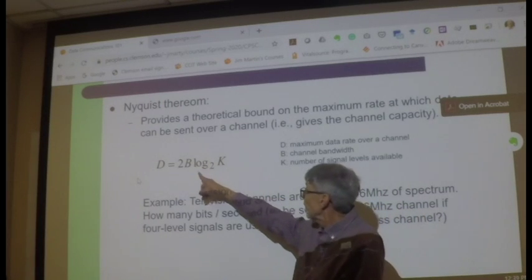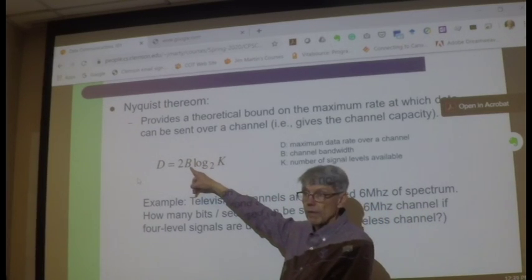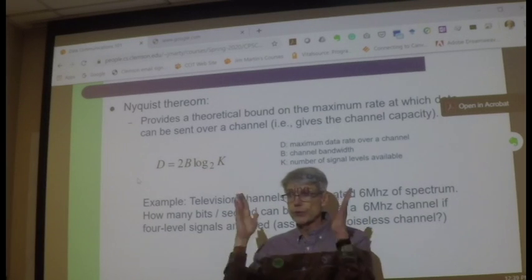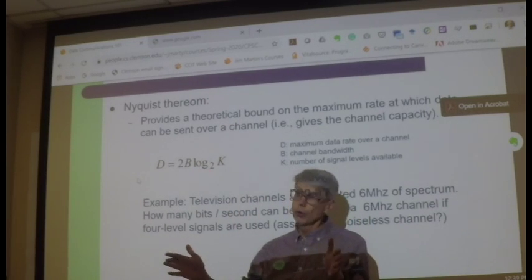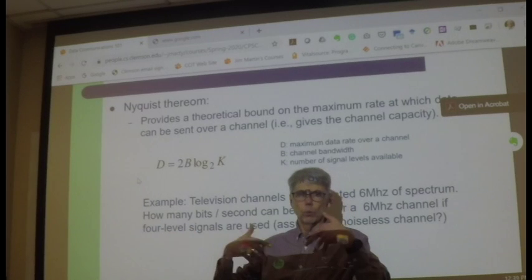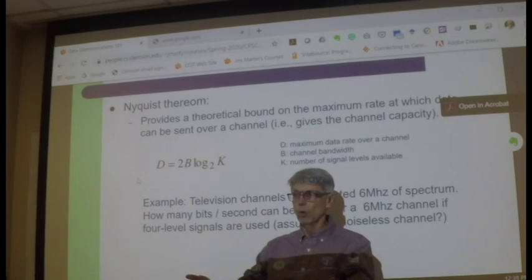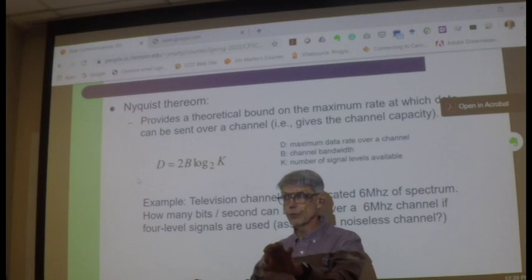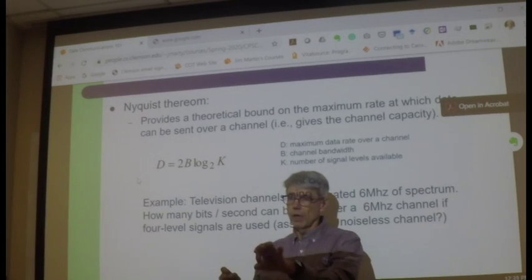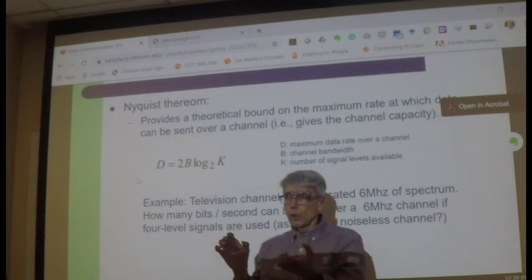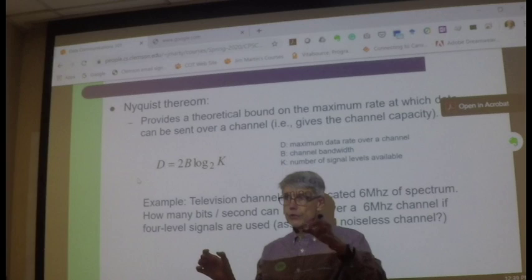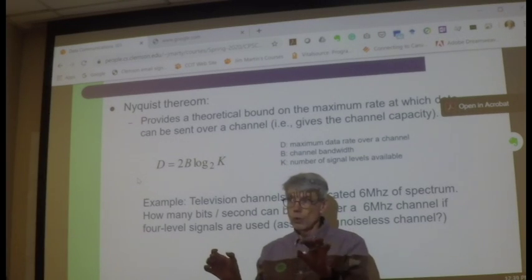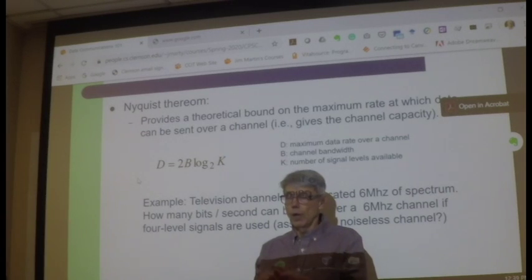So B is the bandwidth, whether it's 2 gigahertz or, in the world of cable, we have a coax that comes to our house, and there's a modem. Even though the cable spectrum is 2 gigahertz, it is carved up into almost 200 different channels that are roughly 6 megahertz large.